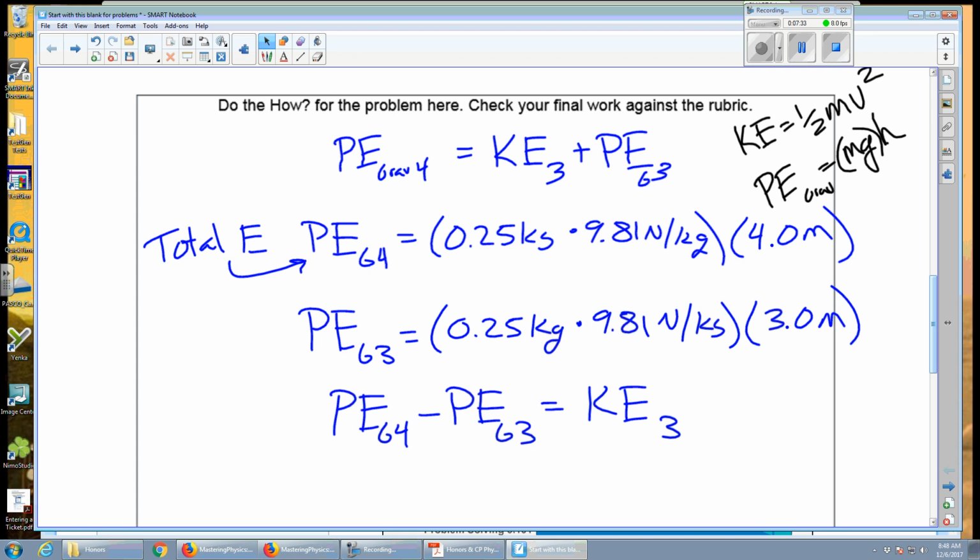Why is the second one the total energy? Because energy is conserved, so the energy I had at 4 is the same. I could also check it by, well, I can't really because I have to use PE4 minus PE3 to get KE. If I solved for KE independently, then I could have added them together and checked it.